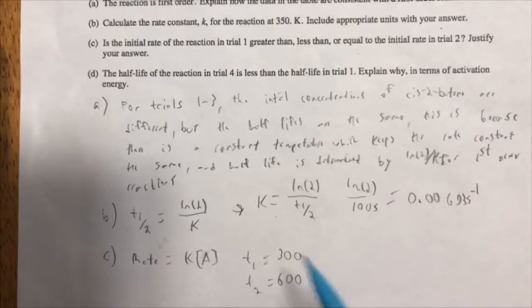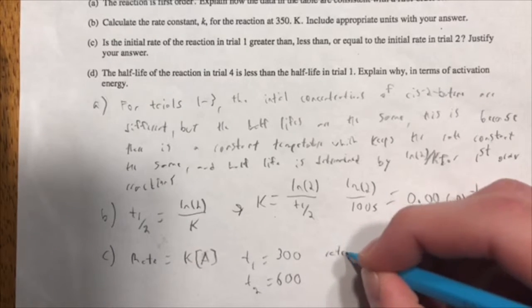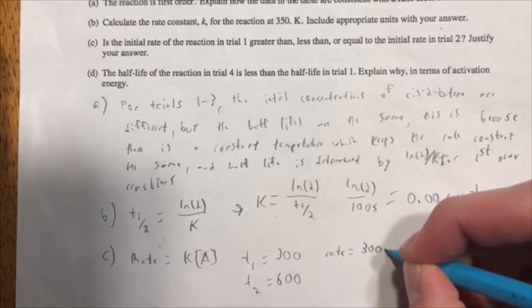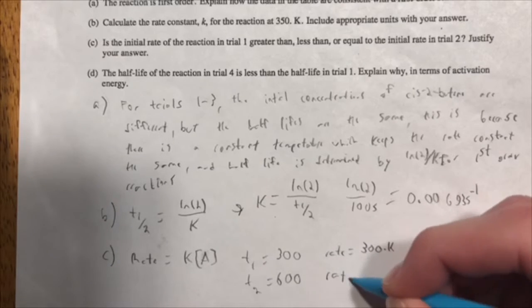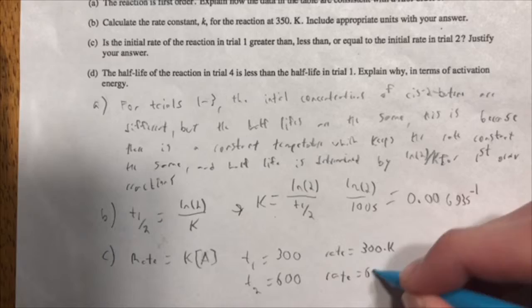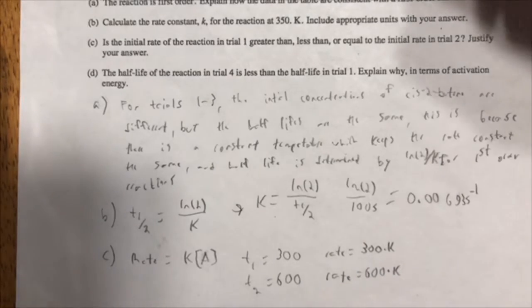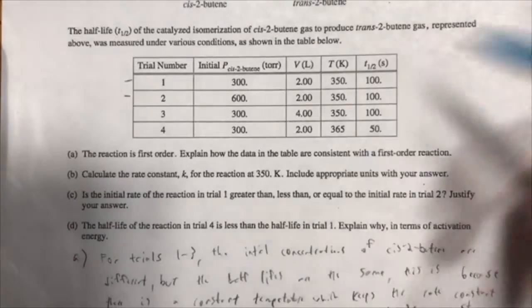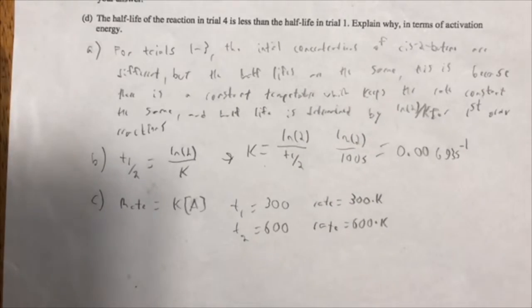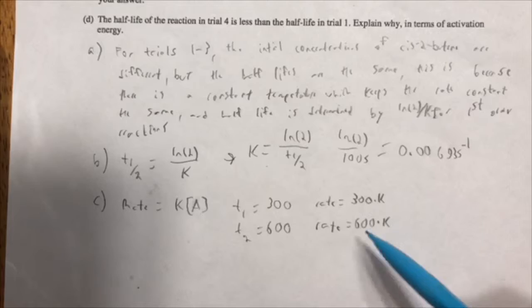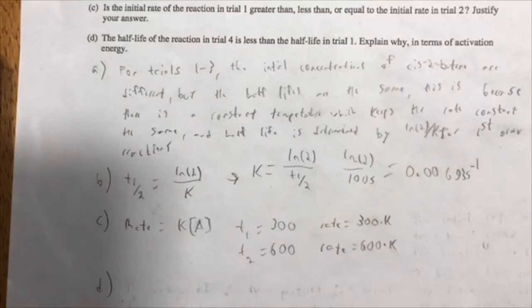So if we plug 300 into this equation, rate equals 300 times k. And for the second trial, rate equals 600 times k. And obviously we know k stays the same between these two trials because the temperature stays the same. So obviously the one with 600 has to have a higher rate.